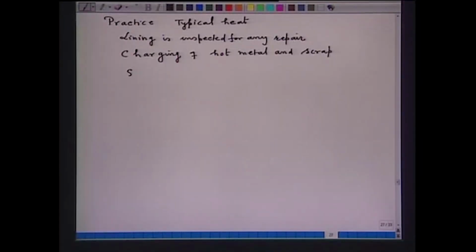In some practices the slag former and other additions are done during the blow.